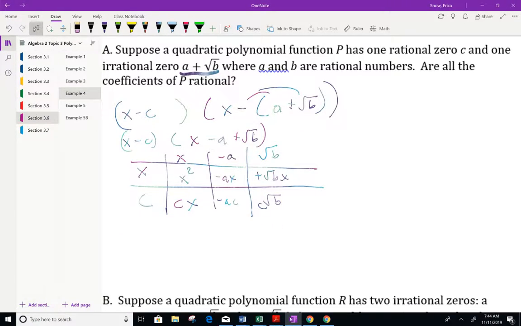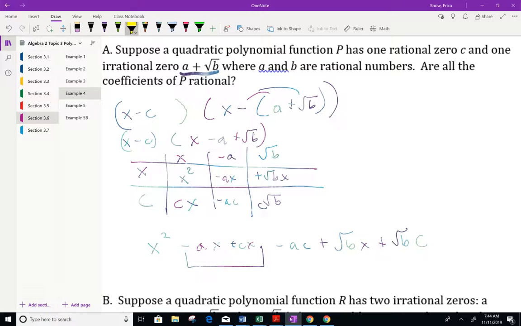So what you'll notice is that there are no common terms that we can combine. So this whole polynomial is just a jumbled mess of x squared minus ax plus cx. I guess we could combine these two terms. Minus ac plus square root b x plus square root b c. But other than this, we can't combine anything.